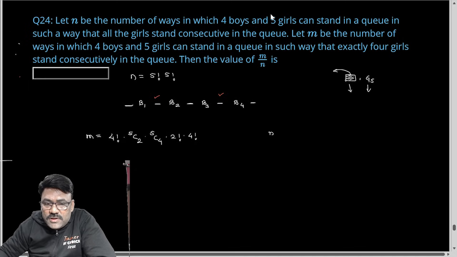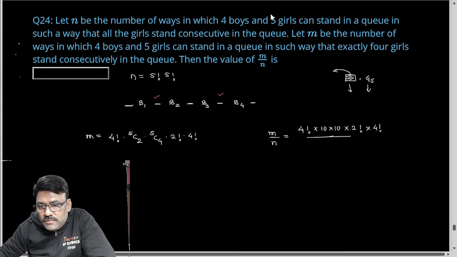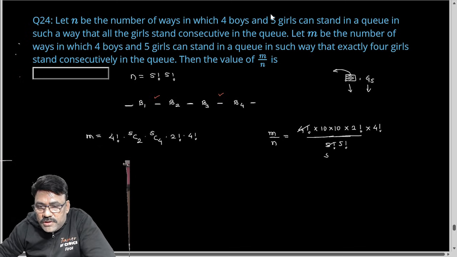Now what they are asking is m by n. So 4 factorial, 5C2 is 10, again 5C2 is 10, 2 factorial, then 4 factorial, and denominator is 5 factorial, 5 factorial. Now what am I getting? If I divide 4 factorial by 5 factorial, I will get 5 here.